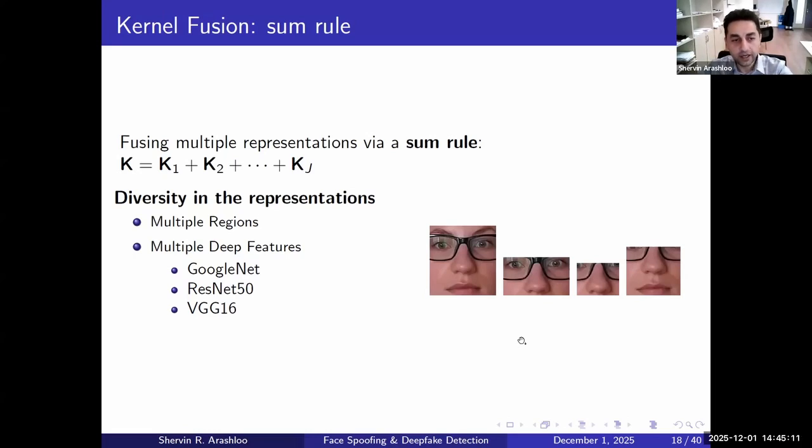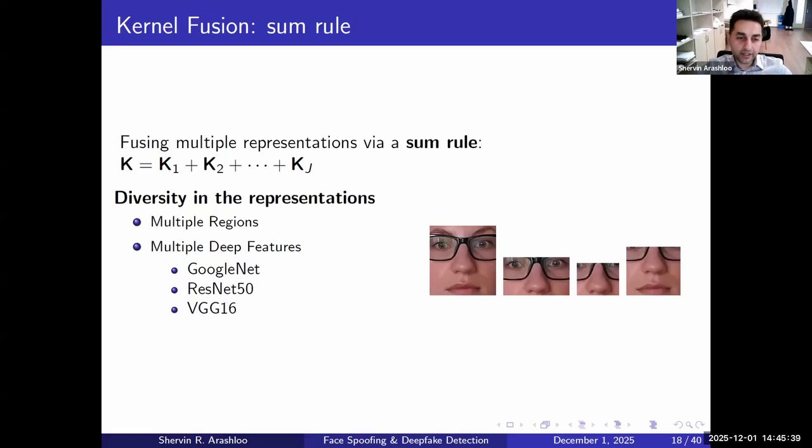Definitely, there are other regions that you may consider, and they may even help to improve the performance. And also there are definitely other deep pre-trained CNNs and other geometric transformations you may consider. I don't know, even rotating or slightly scaling these would probably help.